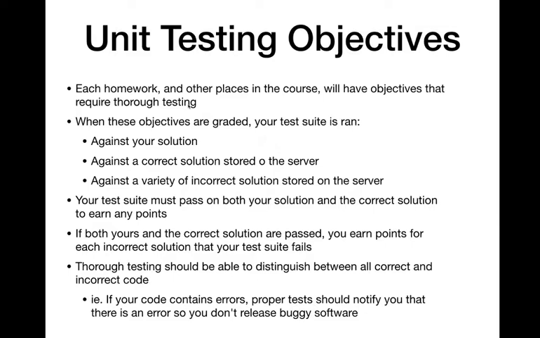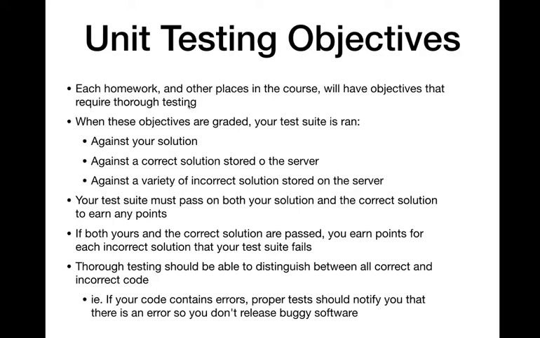So the assumption is if your test suite passes both of those, both the correct solution and your solution, those both might be right, but you also might just not have thorough testing. So if your test case was just assert true, you're always going to pass, and both of those are going to pass. Where you're really earning your points is where you're passing a more thorough test suite.